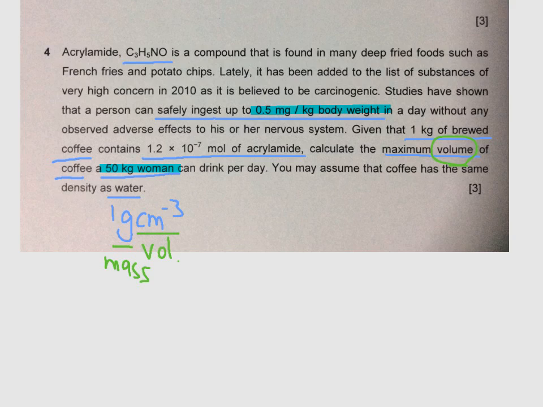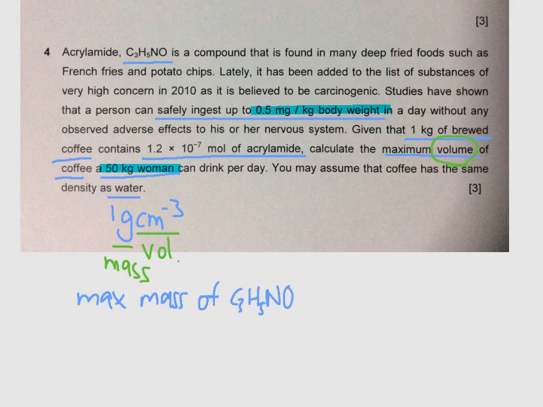From the highlighted information I can calculate the maximum mass of acrylamide. This 0.5 milligram is 0.5 milligram of acrylamide per kg body weight of a person.